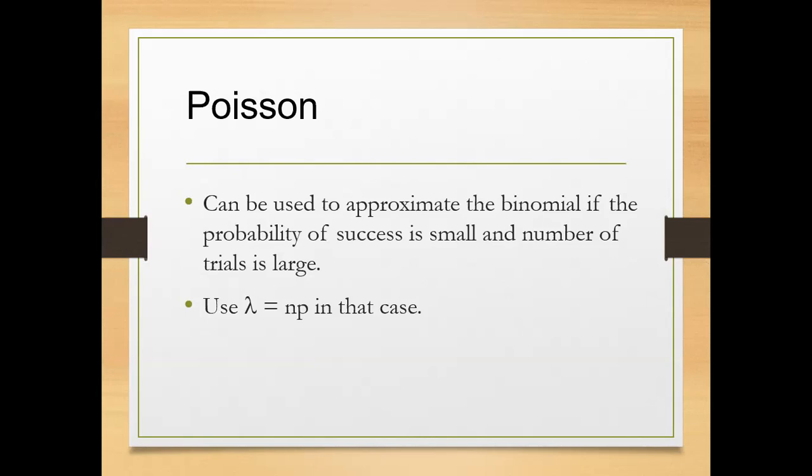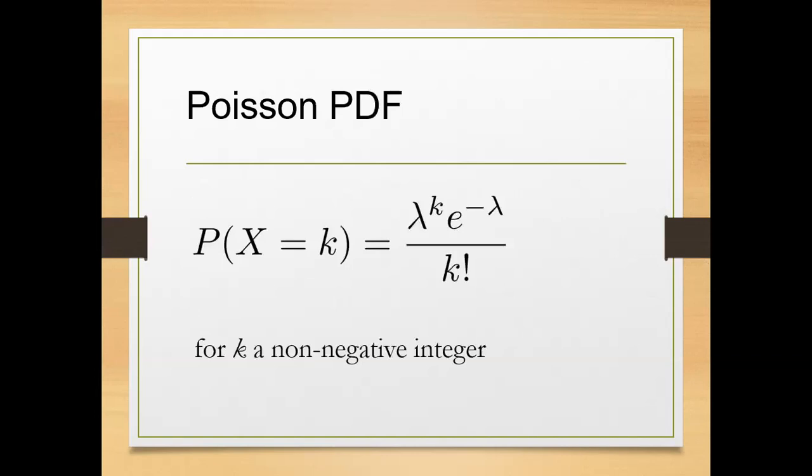So the expected value for the binomial was the number of trials times the probability of success, n times p. The expected value for the Poisson is lambda. So whenever we want to approximate the binomial with the Poisson, our lambda has to be equal to n times p. I'm not going to explain this formula because it involves some pretty high caliber calculus.